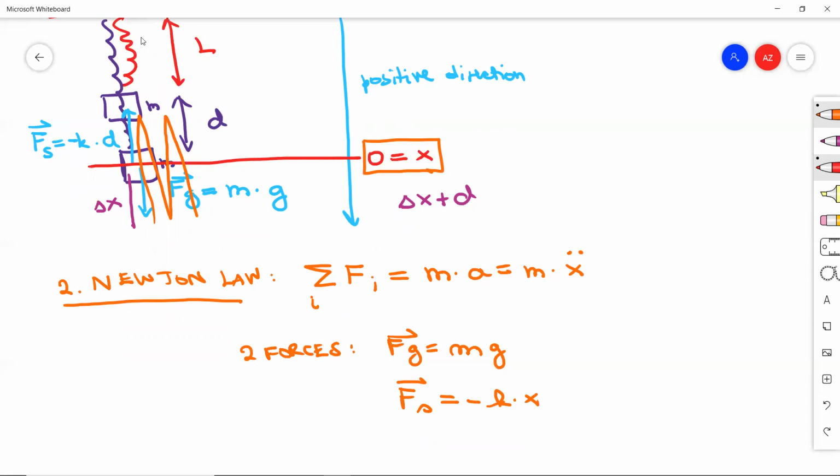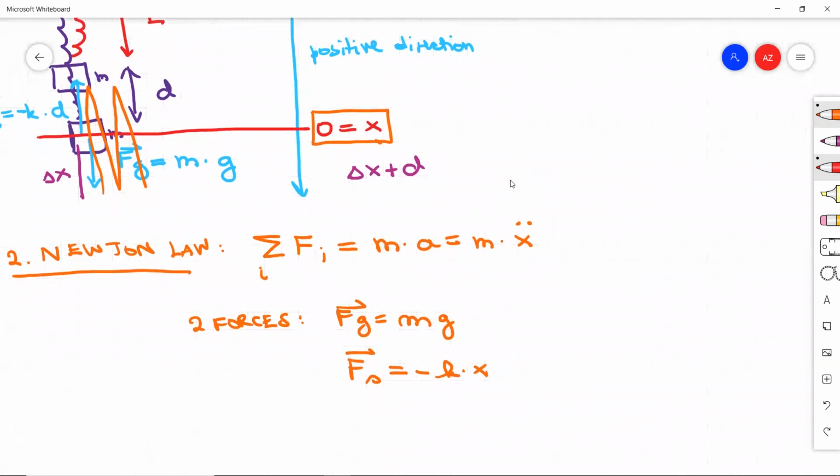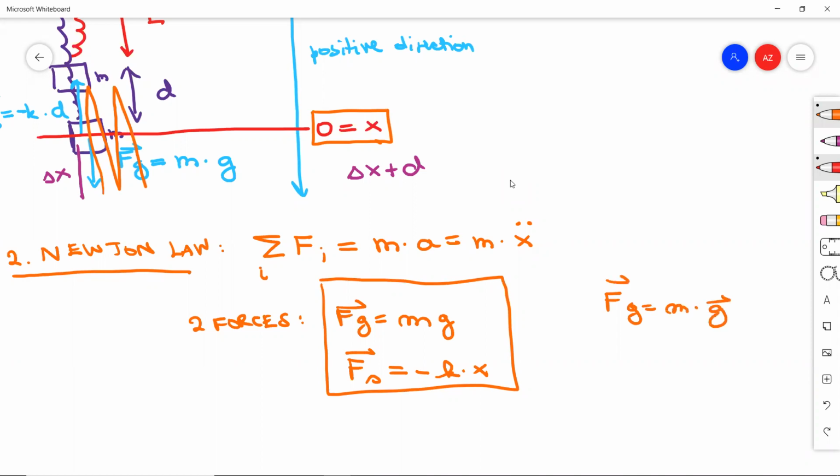That is true, but let's say that we have this model. Compared to this model, Fg is still m times g. Gravitational force is a vector.